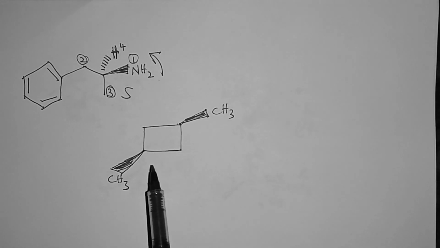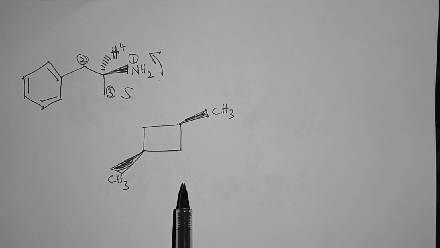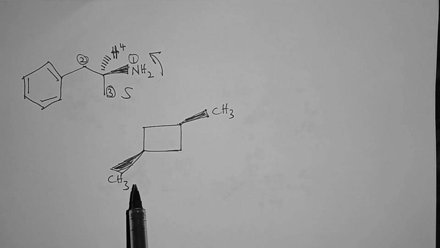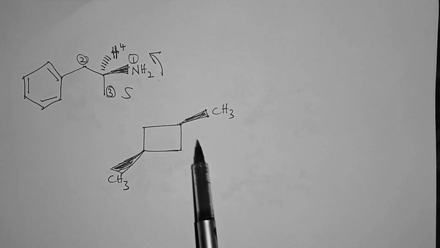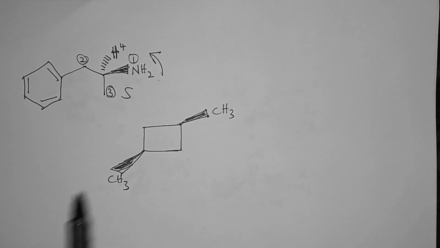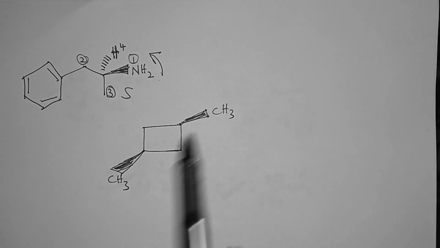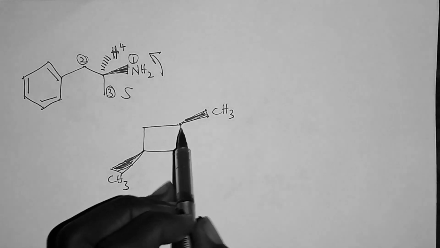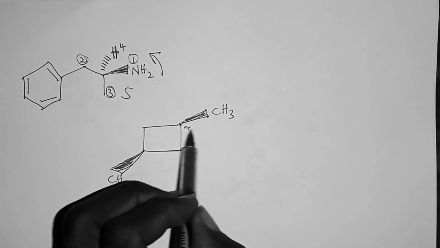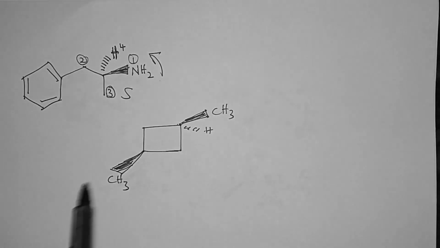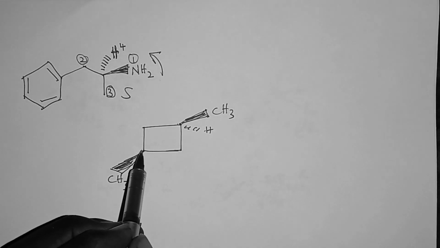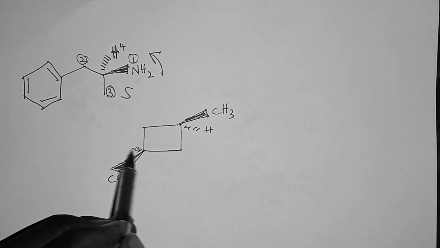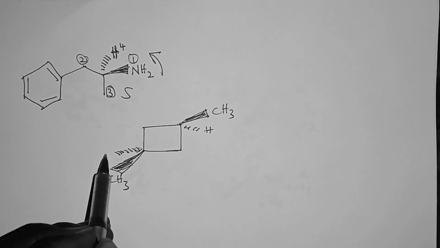Will this molecule be optically active? Why do you think it will be optically active or optically inactive? So what we need to do is to determine if this molecule has a chiral center. If we come here, there's a proton that is pointing away from us in this case, and there's also a proton pointing away from us in this case.